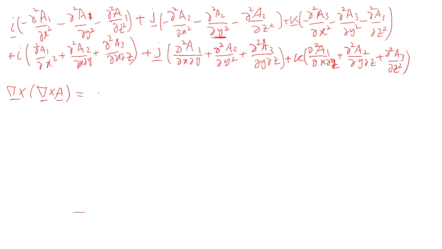So that is common. So I will take common this one, minus partial square partial x square first, then minus partial square partial y square and minus partial square partial z square. So I take the minus out, this will become plus partial z square. So everywhere is this operator.